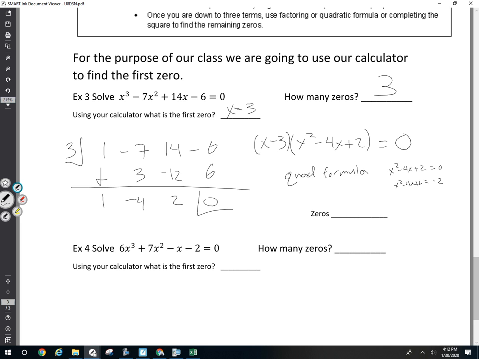I need to add 4 to both sides. I get x minus 2 squared equals 2. I'll square root. x minus 2 equals plus or minus root 2. I'll add 2. My zeros are at 3, and then 2 plus root 2, and then 2 minus root 2. All right, so 3 zeros, there they are.